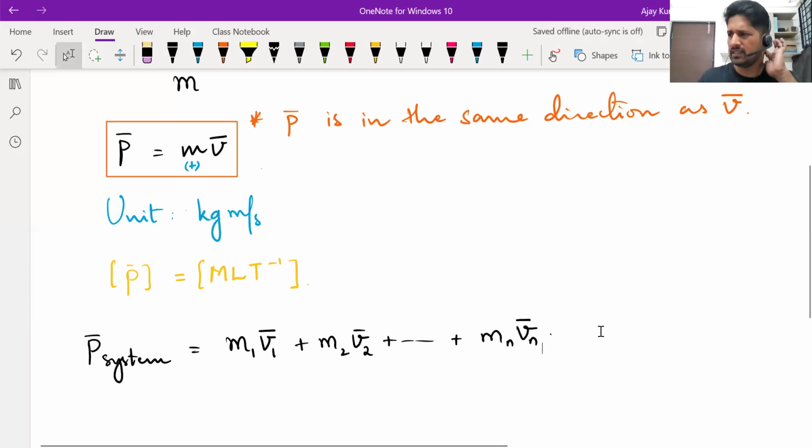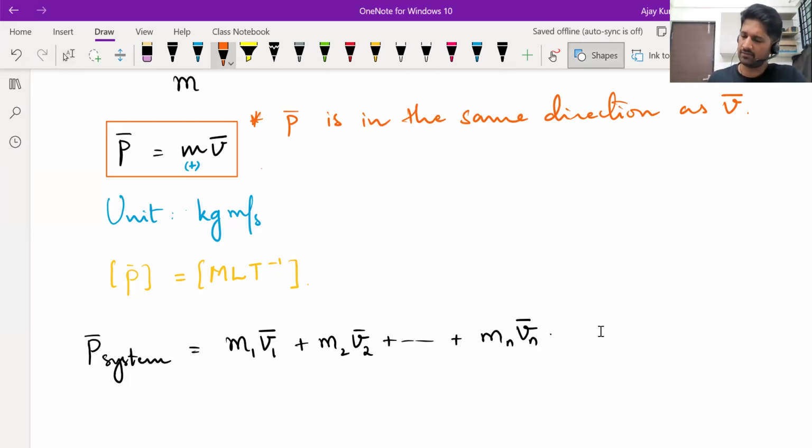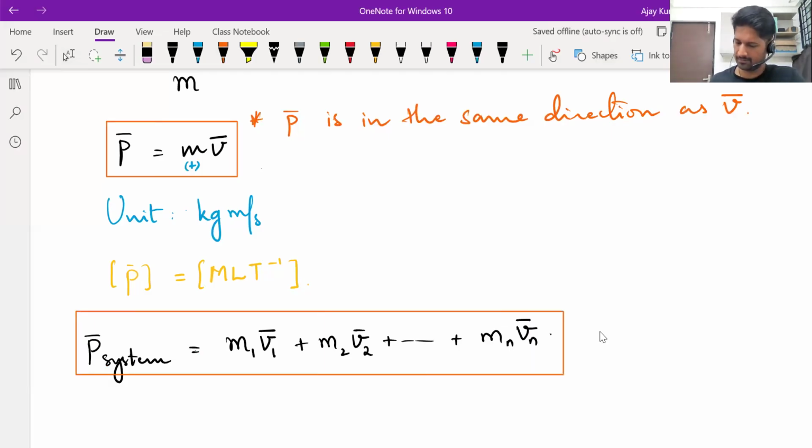But in this chapter, we will mostly come across situations where the entire object moves with one velocity itself. So you mostly will be using the formula P = mv, but it is possible that systems have different parts moving with different velocities. Then you'll have to calculate momentum this way.